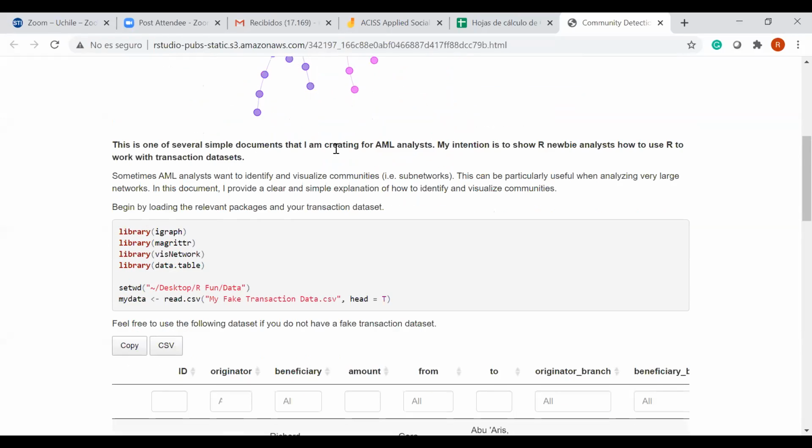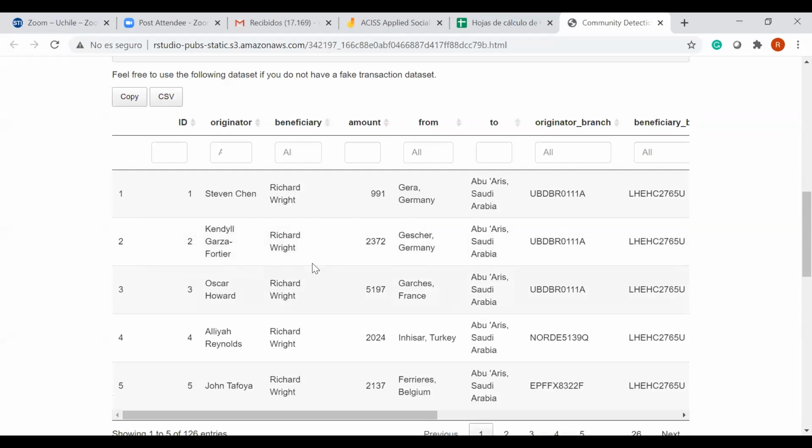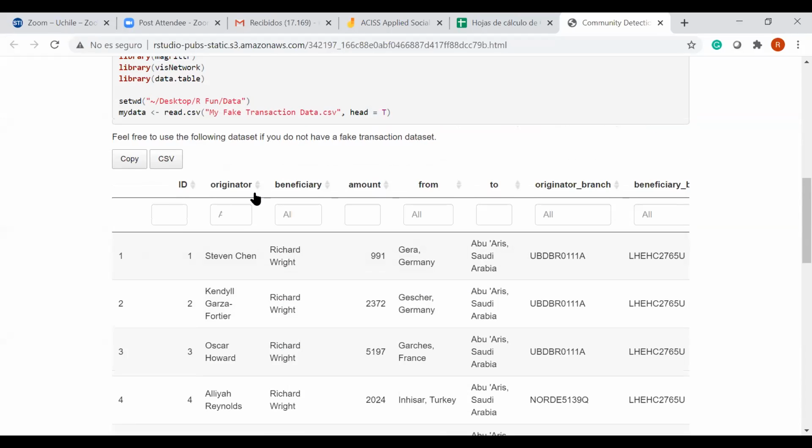It's a simple document, where you find R code, which has been applied on this data set. The data set is about transactions where we have, for example, money transfer from an originator to a beneficiary. So from A to B, there is money transfer with this amount from Gera in Germany to Abu Aris in Saudi Arabia. The branch and so on. So details are not important here.